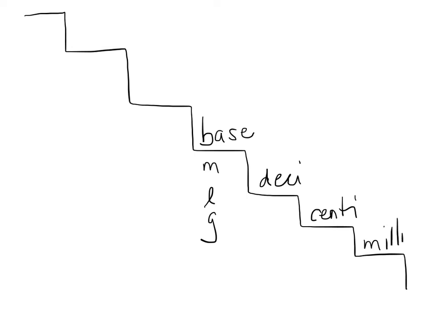Okay, so I'm going to draw that stair step again so that I can have something to use here. So here's another stair step. Should look just like the one you have on your card. Again, this is base, meter, liter, gram, and then this is deci, centi, milli, deca, hecto, kilo.